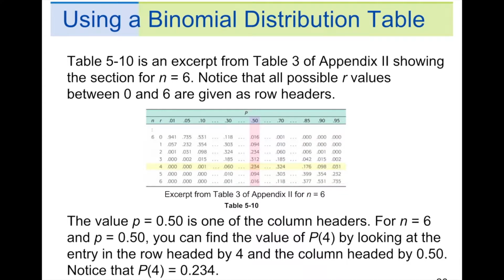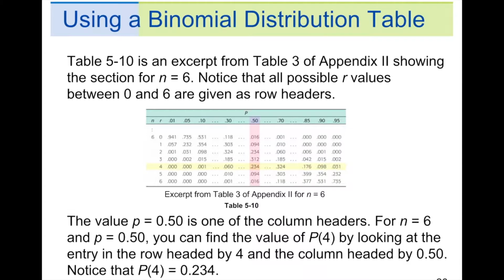Table 5.10, the one below, is an excerpt from Table 3 of Appendix 2, the one in your book, showing the section for n equals 6. Notice that all possible r values between 0 and 6 are given as row headers. The value p equals 0.5 is one of the column headers. That's the one highlighted in pink.